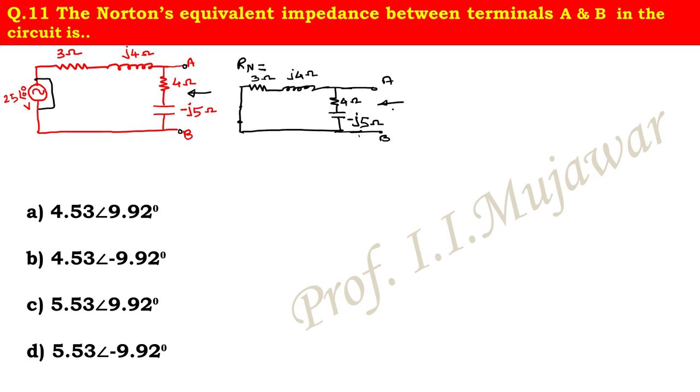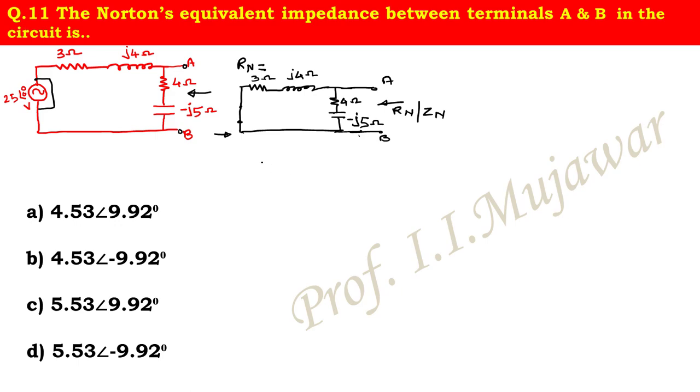Between this A and B we have to measure the Norton's impedance, so I will write it as Zn. Since we have to measure the impedance from right to left, our simplification should be from left to right.